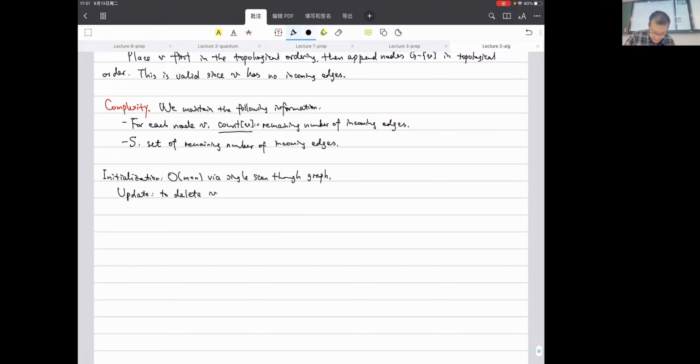We are going to remove v from S. Oh, sorry, I made a typo here. The S here is not the set of remaining number of incoming edges. It should be the set of remaining vertices. Sorry for the typo.